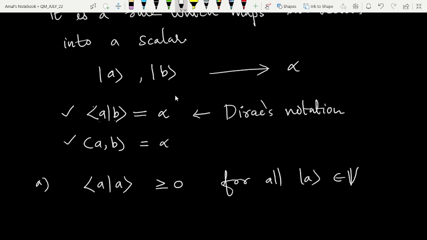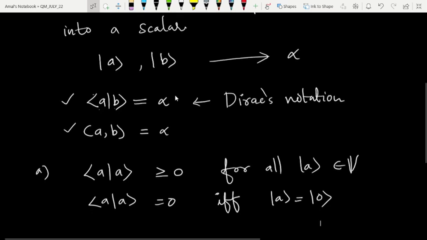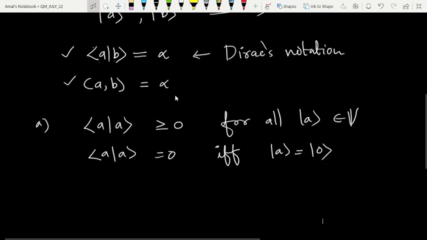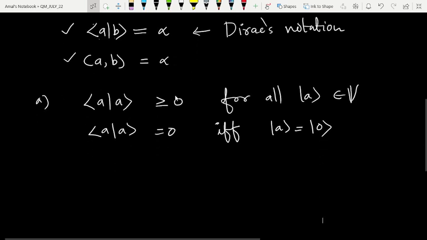So for all vectors in a vector space, the inner product of the vector with itself must be greater than or equal to 0, and it is equal to 0 if and only if A is the zero vector.